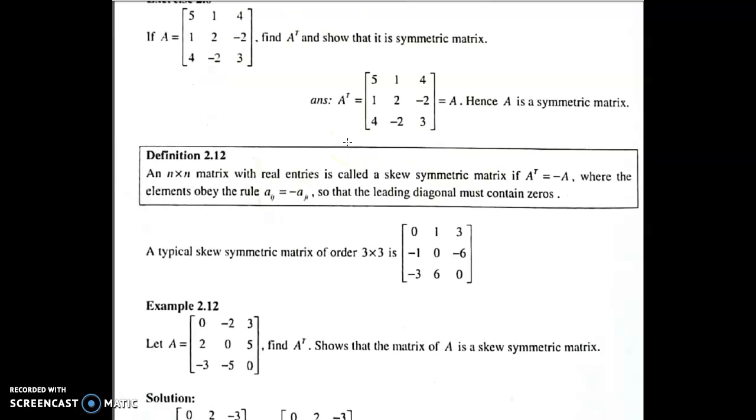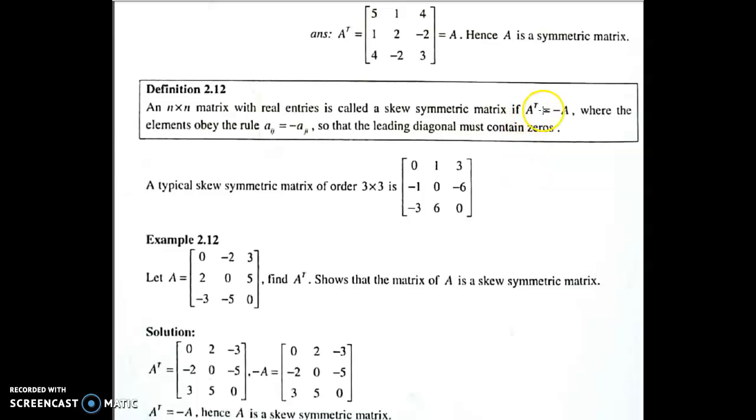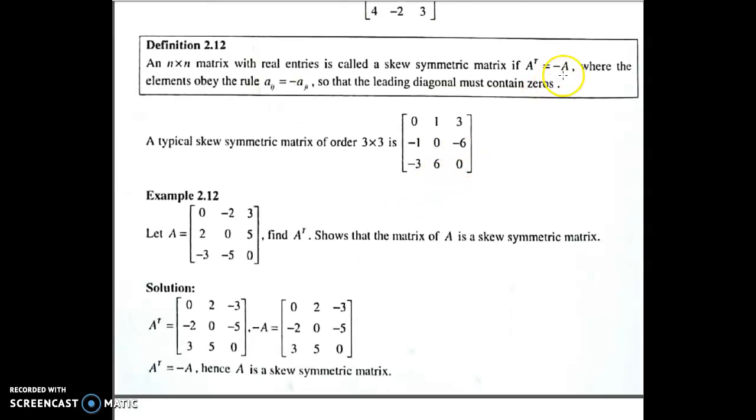Okay, so next, for the skew symmetric, I did tell you previously that a matrix is called a skew symmetric matrix if, when you transpose it, the matrix changes to a negative form. First, we know that a symmetric matrix, when you transpose, will still remain in the same arrangement of elements, resulting in the same matrix.